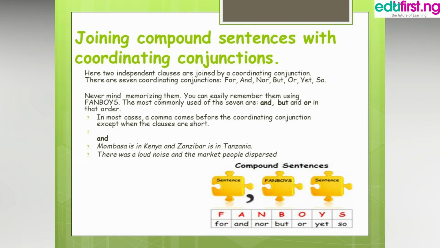There was a loud noise. Full stop. It is a sentence that makes perfect sense. The market people dispersed. It is a sentence that makes complete sense. But an addition of and linking both sentences together gives us a compound sentence and still preserves the meaning of the sentence. I hope we get it.